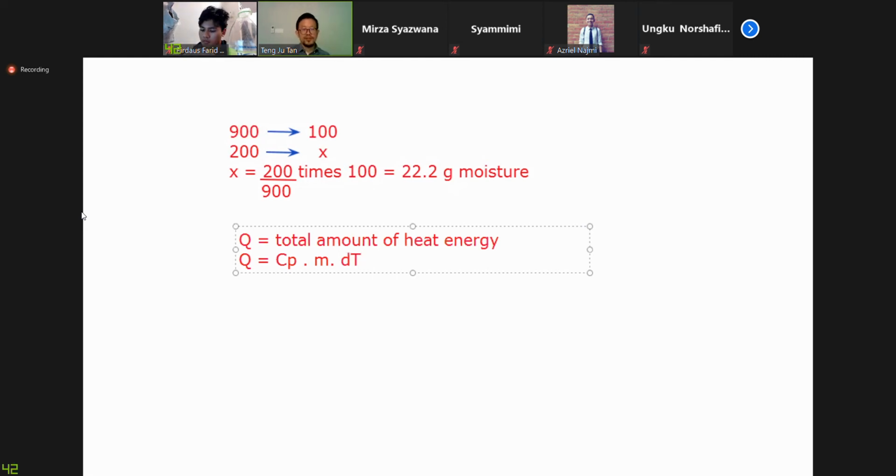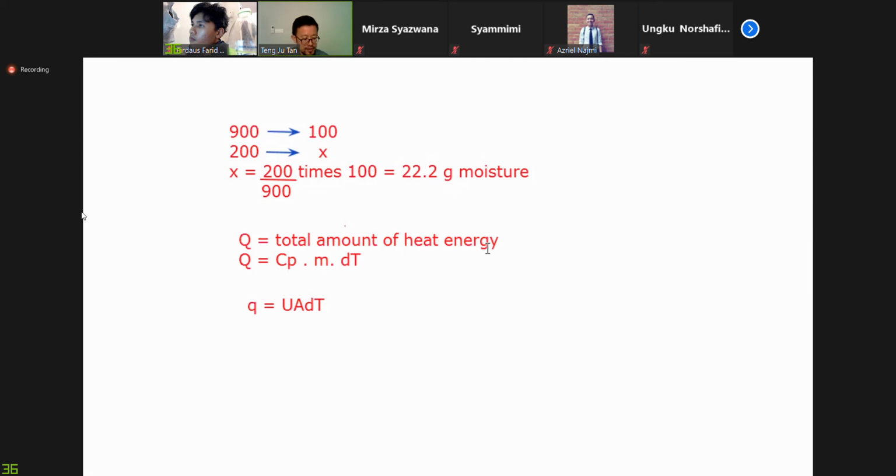This is different from the small letter q. The small letter q equals, for example, UA delta T. This is the rate of heat transfer, but capital Q is the total amount of heat energy.